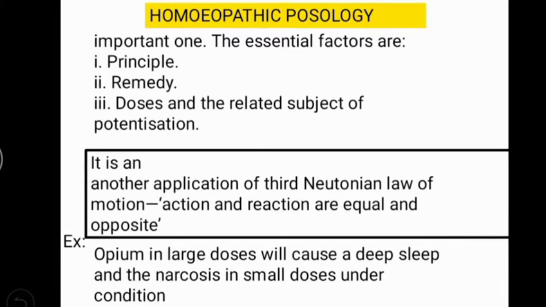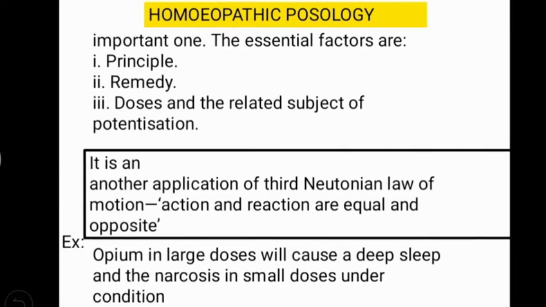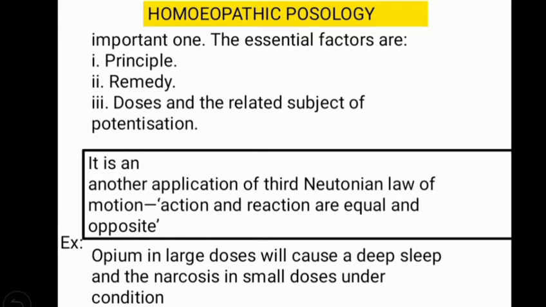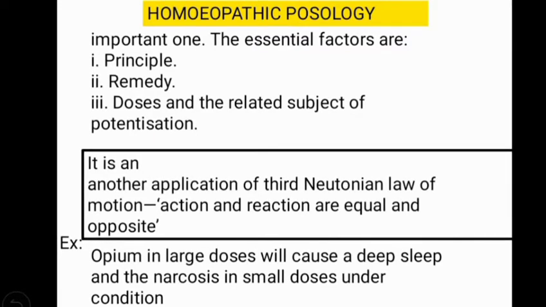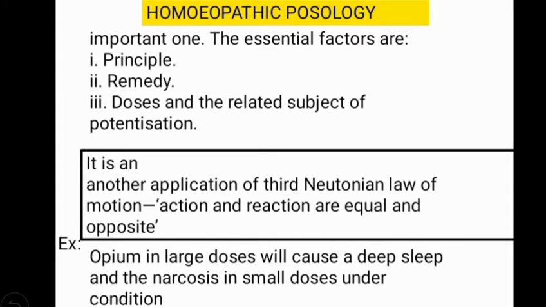If a doctor has low knowledge or difficulty in dosage selection, then the remedy selected for the patient will be wasted or not be of use. Because of this, homeopathy posology plays a great role in clinical life.